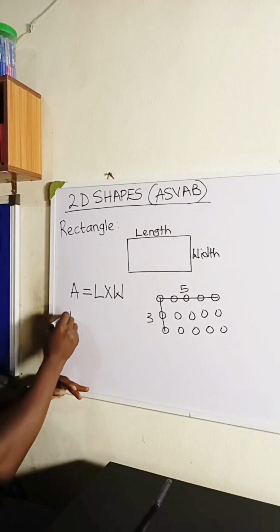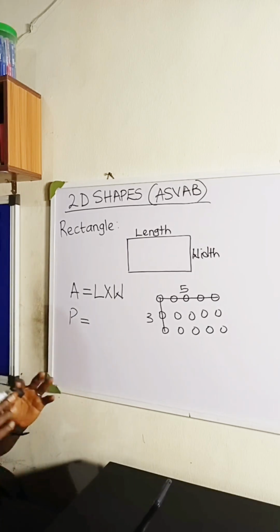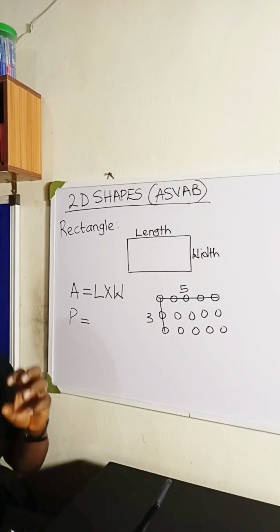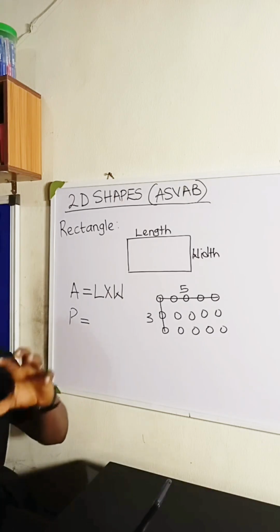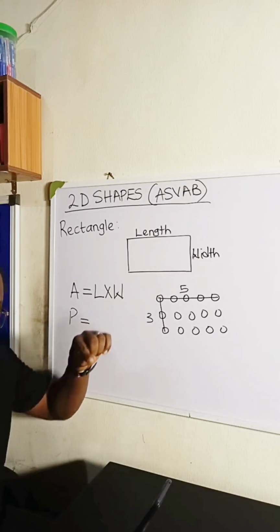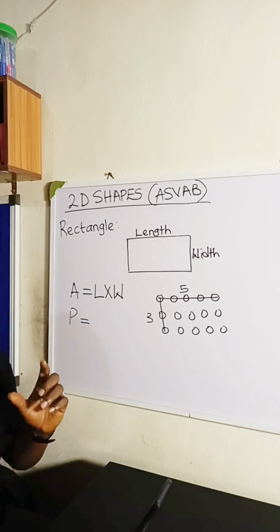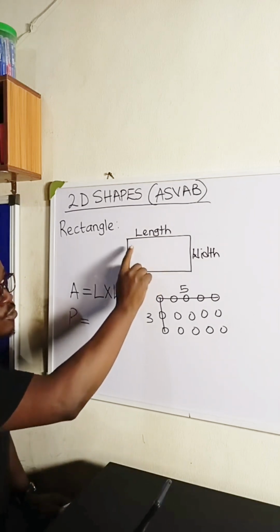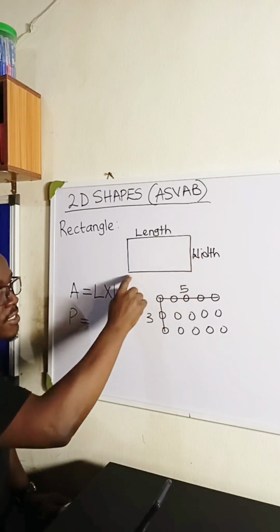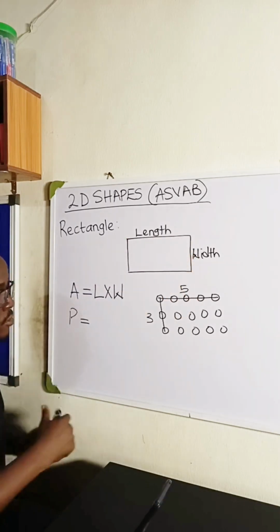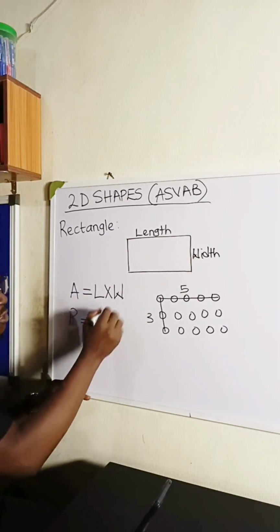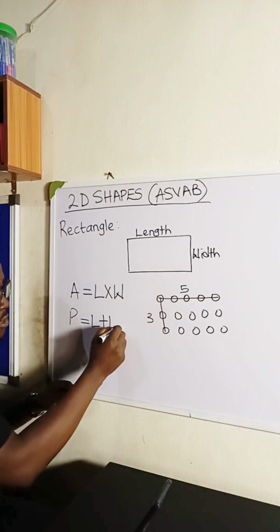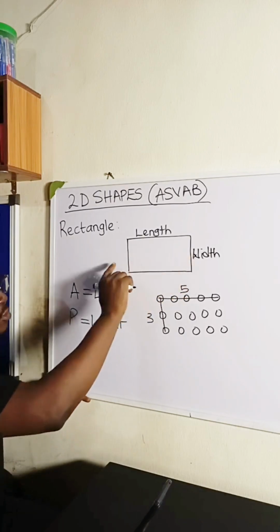For the perimeter, remember I said earlier that the perimeter of a 2D shape is simply the sum of all the sides of the 2D shape. So if we want to find the perimeter of this rectangle, all we need to do is add the 4 sides together. So it's going to be length plus length plus width plus width.